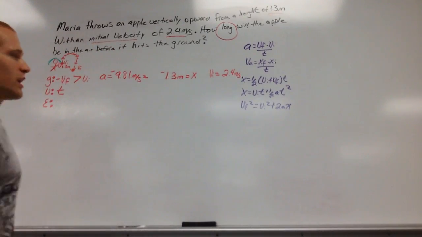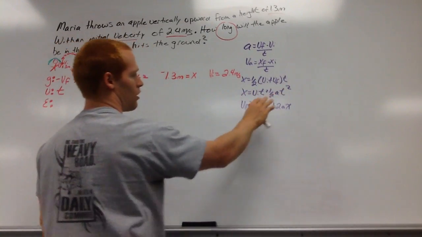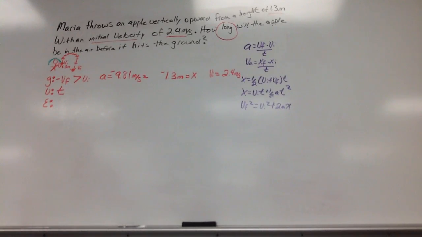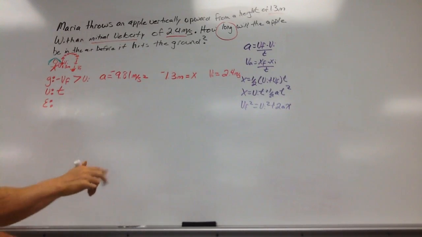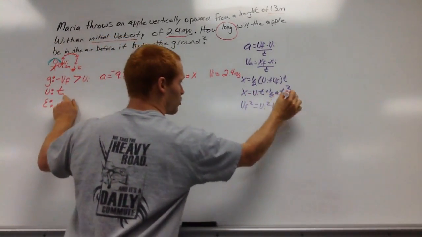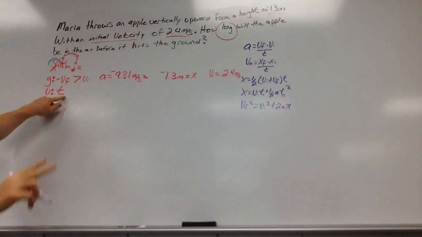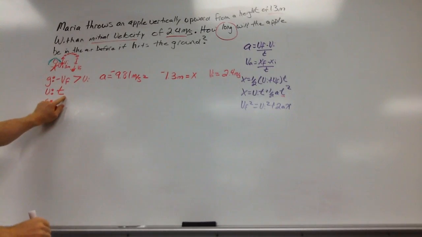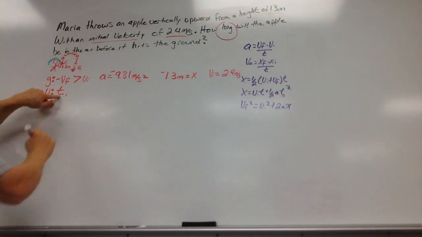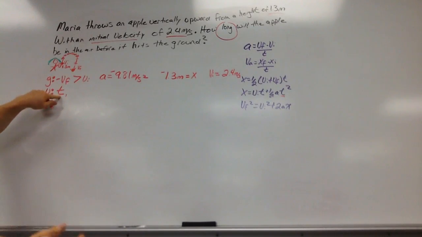What that means is you'd have to use the quadratic formula, although you wouldn't be able to use it because acceleration is negative. So since we have to solve for t and t is squared, that's going to give us a hint that we have to use two equations for this problem. So instead of actually solving for t, we're going to solve for something we don't know.